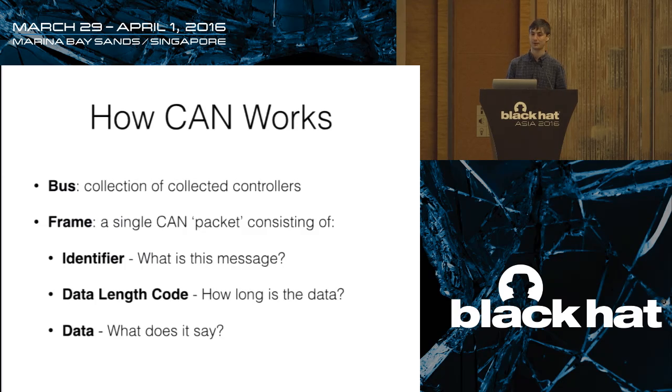Then there's the data part, which is your 0 to 8 bytes of data. And really that's it. It's quite simple. That's all a CAN frame is, and later we'll see CAN frames, and that's all that's inside. If you look at the electrical stuff, there's some CRCs that happen, and there's some acknowledgement that actually allows these things to be quite reliable in practice, but if you're developing for CAN, this is really what you're looking at.